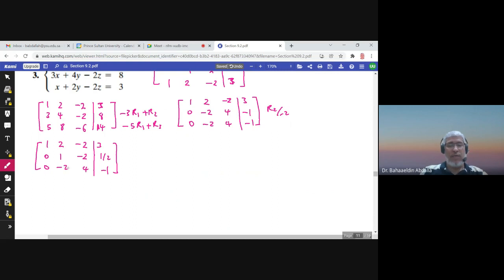And now I make this negative 2 zero by multiplying row 2 by 2 and adding the answer to row 3 and replacing row 3 by the answer.